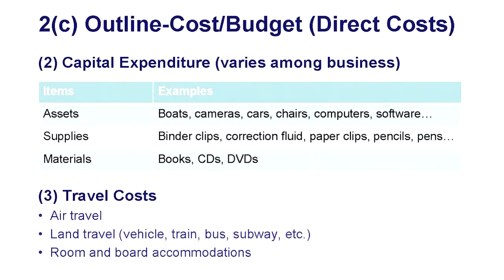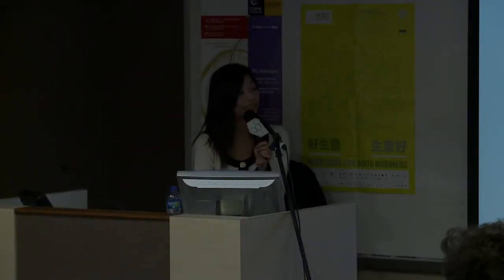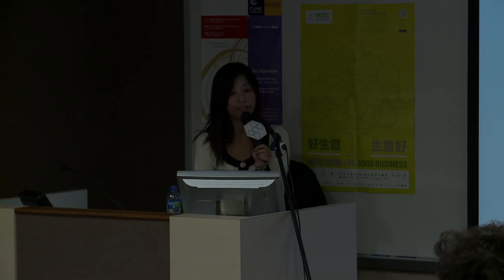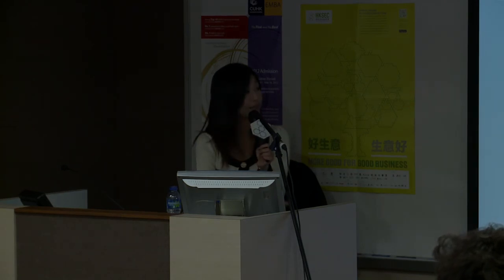The direct costs: any capital, the assets, boats, cameras, any assets involved in the business; supplies, any supplies, stationery that you need; any materials, books, CDs, DVDs that help support your training; any capital expenditure. Travel costs are another thing.